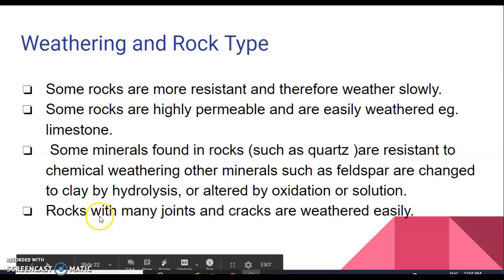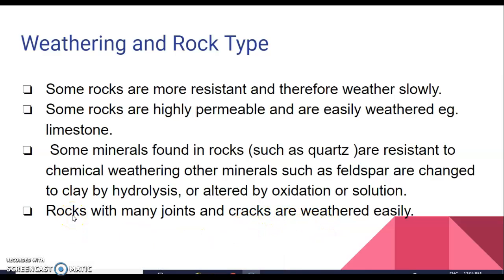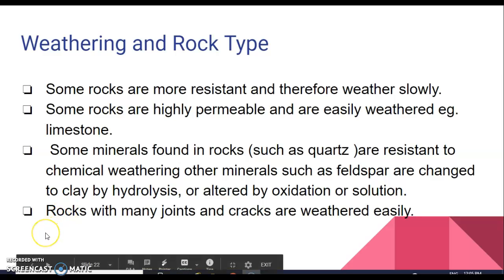Now, also, we find that some rocks have more joints and cracks than others. These rocks would be weathered easier than rocks with fewer joints and cracks, or rocks with no joints or cracks. So, this is how rock type can influence weathering or the rate at which weathering takes place.